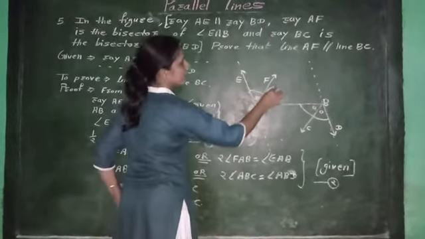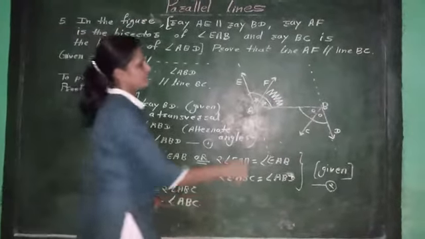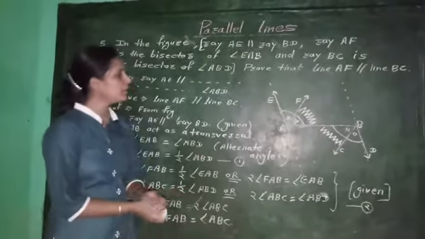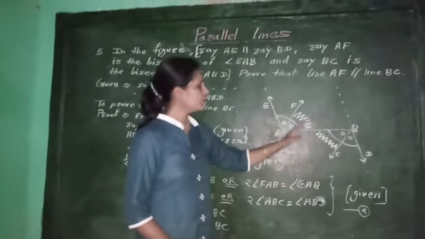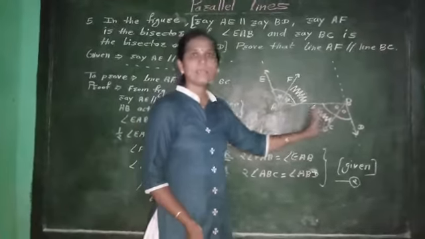Now see here, angle FAB means this angle, and ABC means this angle. These two angles are alternate angles, and so by the alternate angle test, ray AF is parallel to ray BC.